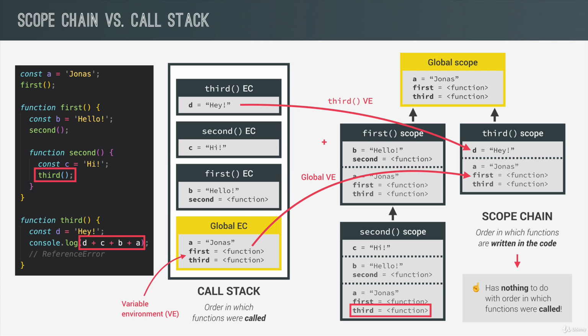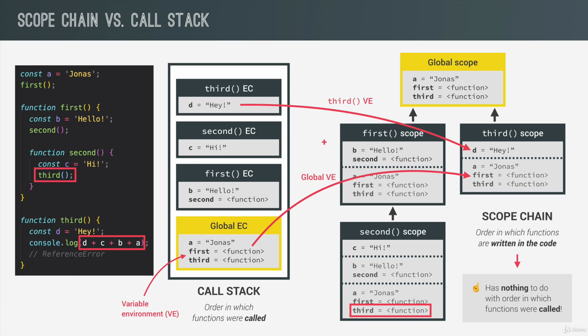So it looks up in the scope chain, looking for variable c, but it's not there. And of course it isn't, because c is defined in the second function, and there is just no way in which the third function can access variables defined in the second function. And that is true even though it was the second function who called the third.